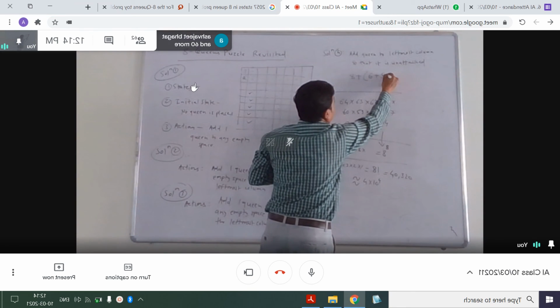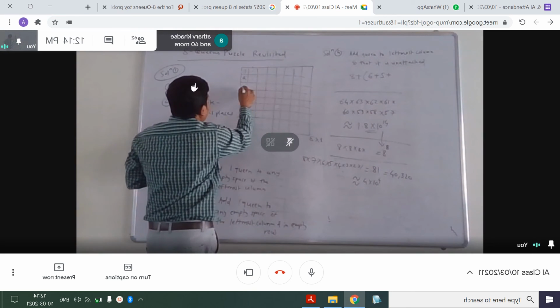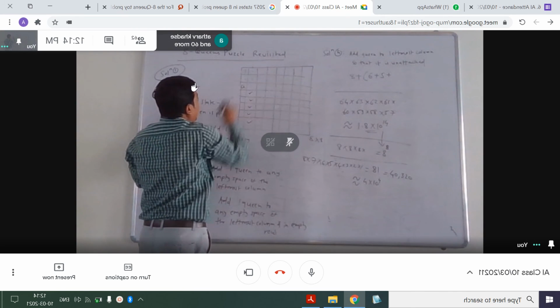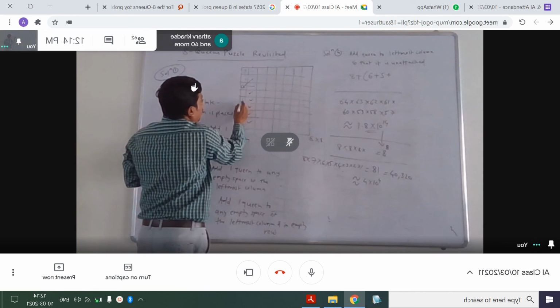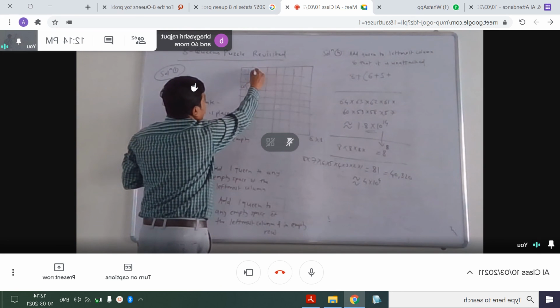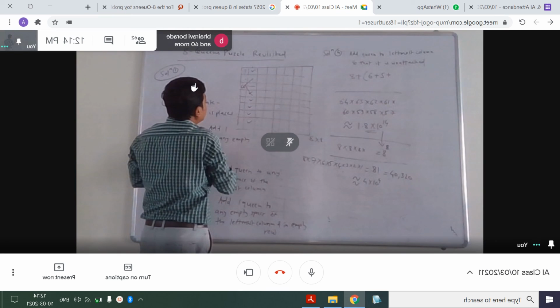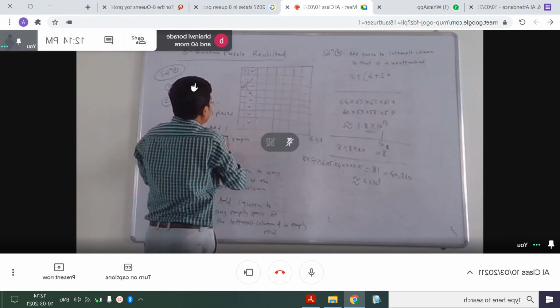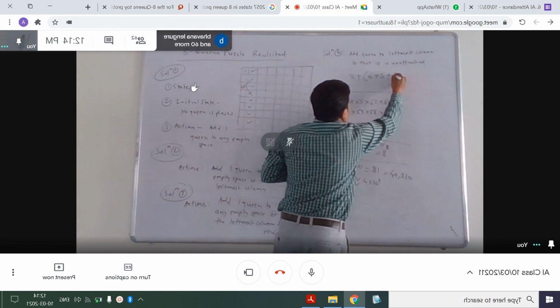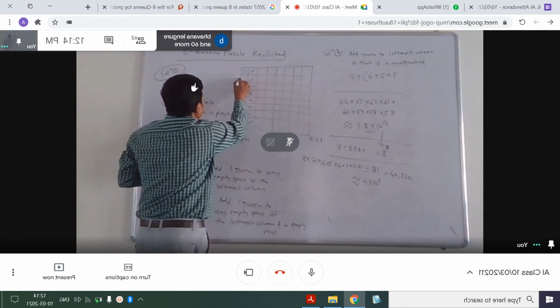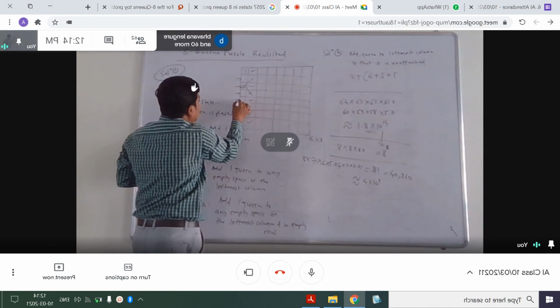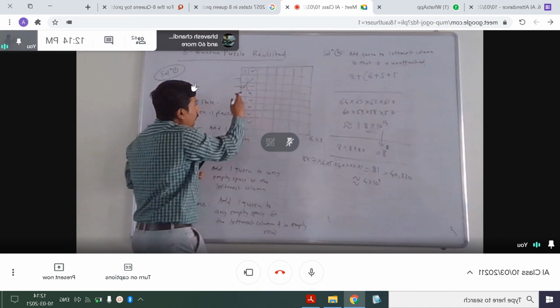So 5. If I place a queen here, again diagonal and row, I can place here 1, 2, 3, 4 and 5. So for these 6 places, I have 5 options possible.